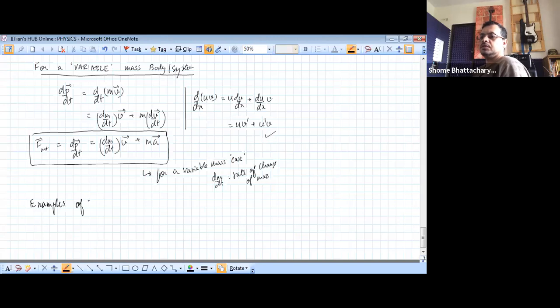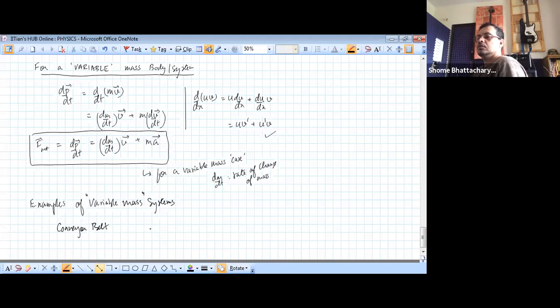I'll explain this one. So, examples of variable mass systems. Let's just note down a few examples. Conveyor belt in industry.